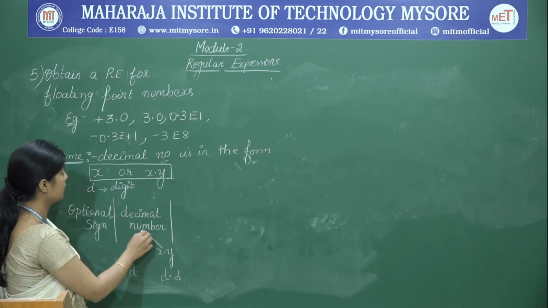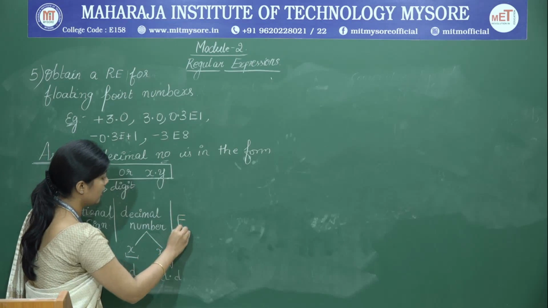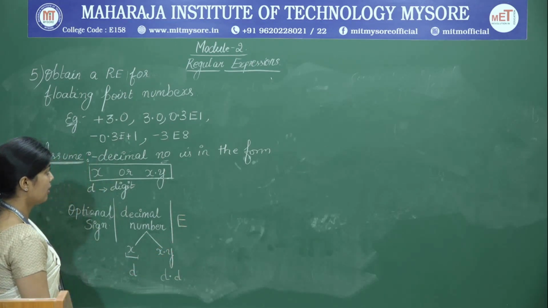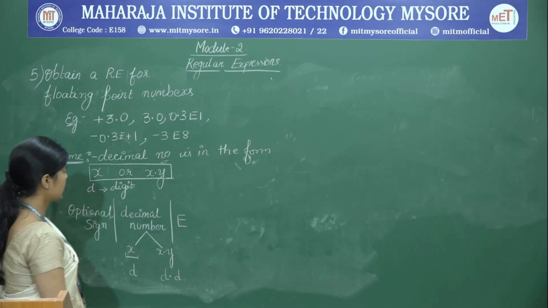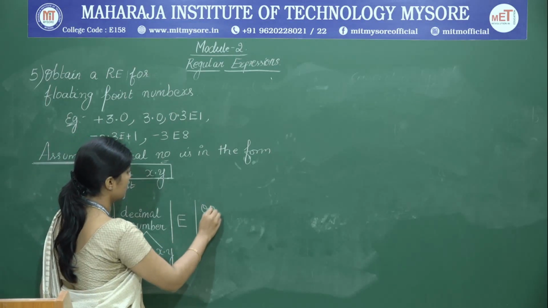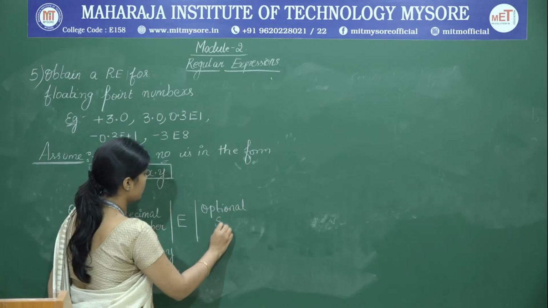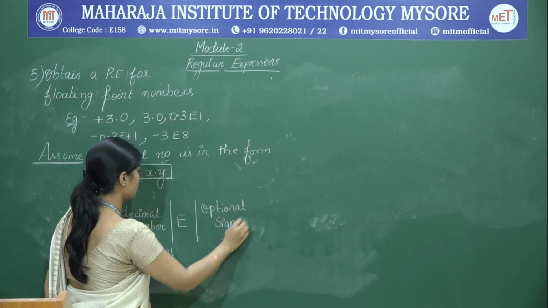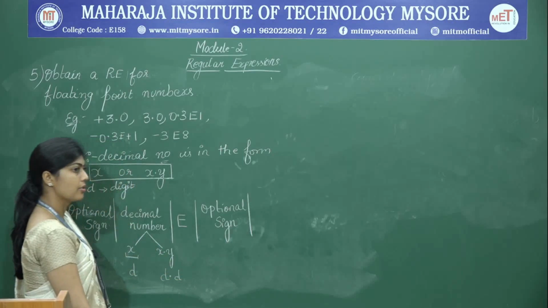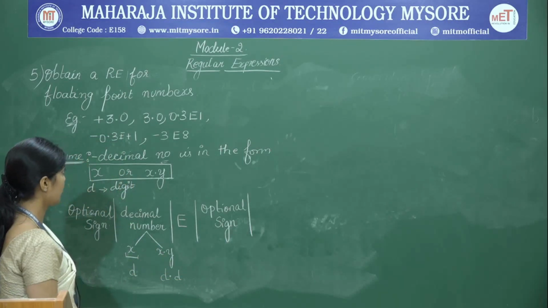Next, after we have this, it is followed by e, that is the exponent. After the exponent again we have an optional sign. This can either be a plus or minus. It may appear in the string or may not appear in the string, that is why we call it an optional sign.